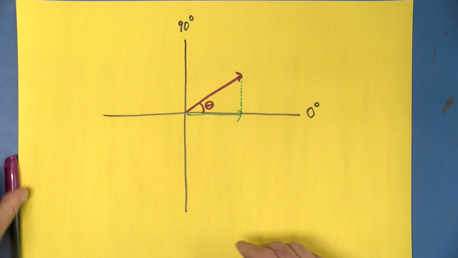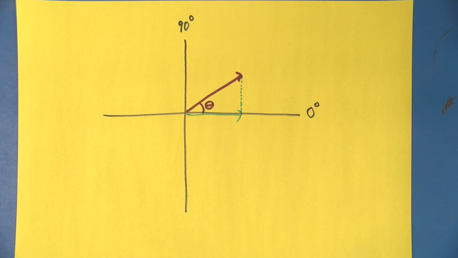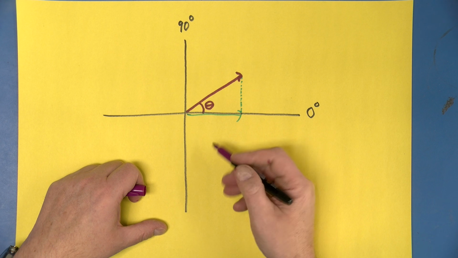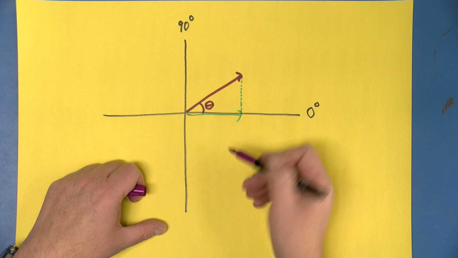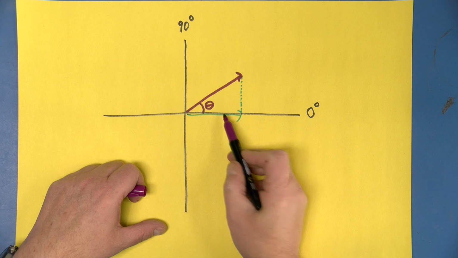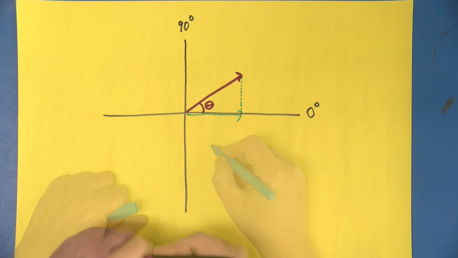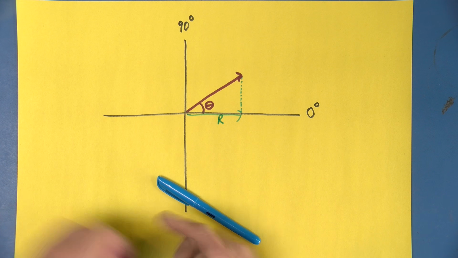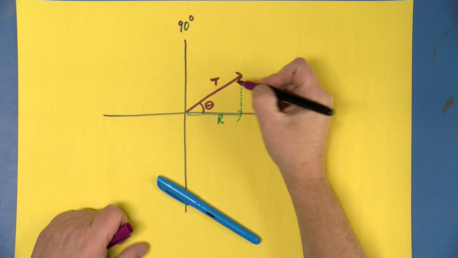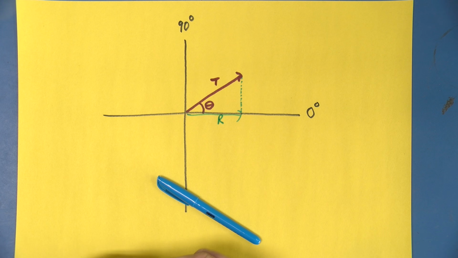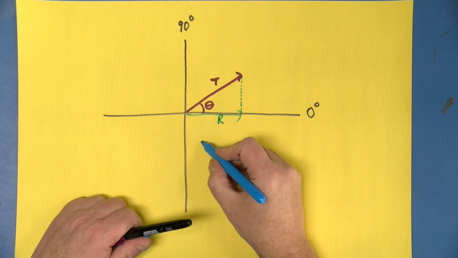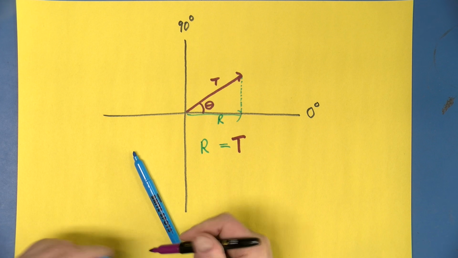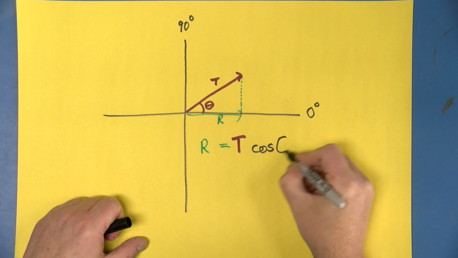And if you remember high school trigonometry, which nobody does, and most people, if they do remember, try and forget, well, the real part down here is equal to, we'll call this R, by the way, and I'm going to call this total current T, for lack of a better term. Well, we can say R equals T times the cosine of theta.